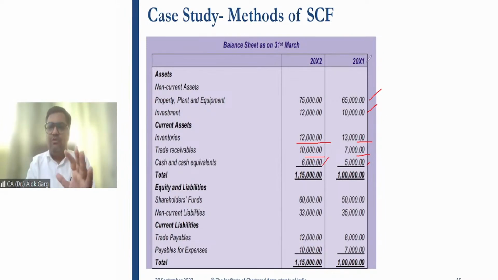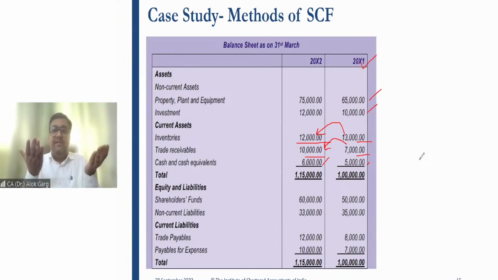Sorry guys, this was the comparative number. So inventory has been reduced from 13 to 12, and receivables have been increased from 7 to 10. This means you have collected less money than whatever you have sold. Your cash and cash equivalents have also increased, right?